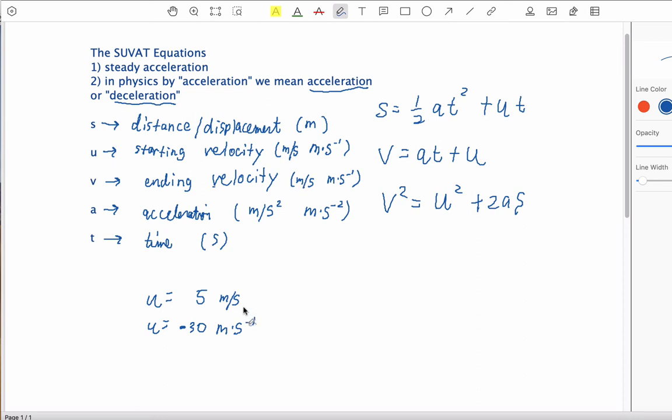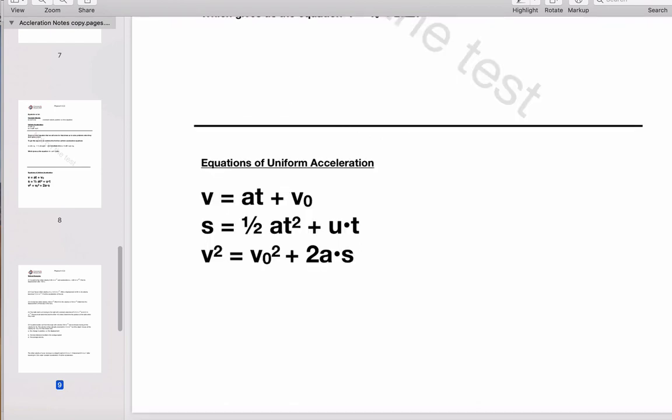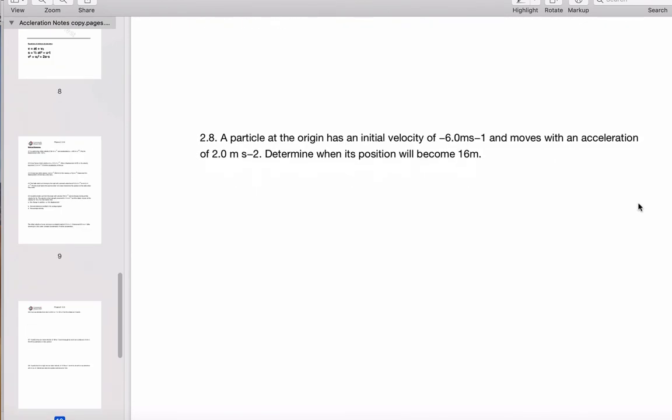That's the idea behind what those units are. They tell you what the thing is and what we're measuring it in. So that's a presentation of the equations. And what we're going to do in the next video is we've got some problems right here that we're going to take a look at and solve very carefully using these formulas.